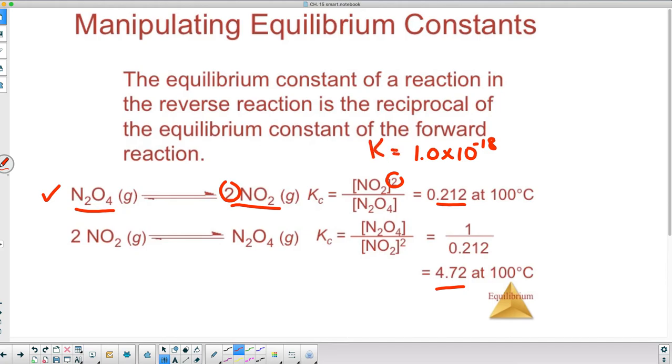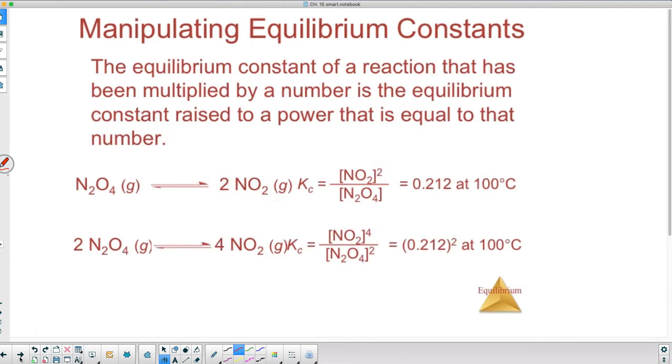That would be like putting a rock in water and having the rock change very little, because the K value is very small, which means the reactants stay basically the way they are, and the products are hardly produced at all. This is very close to the value of 1, so I would say that the reactants are favored, but not very much.